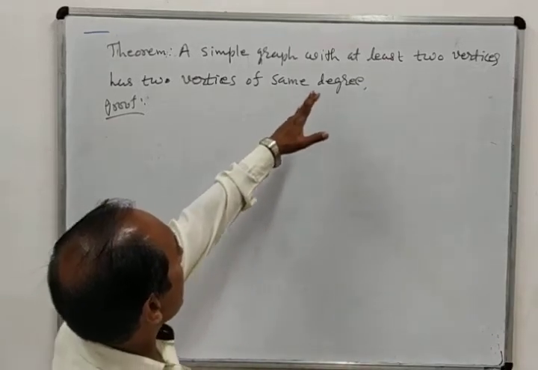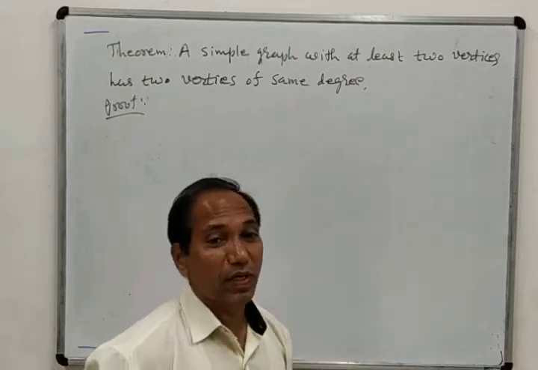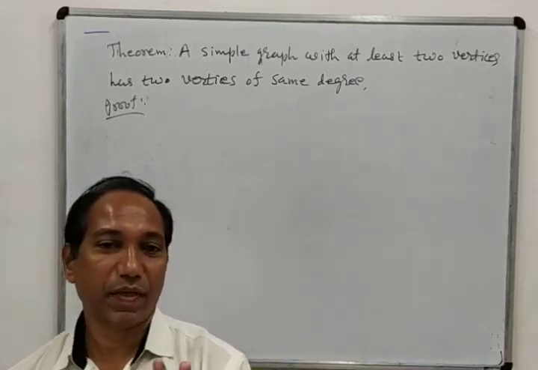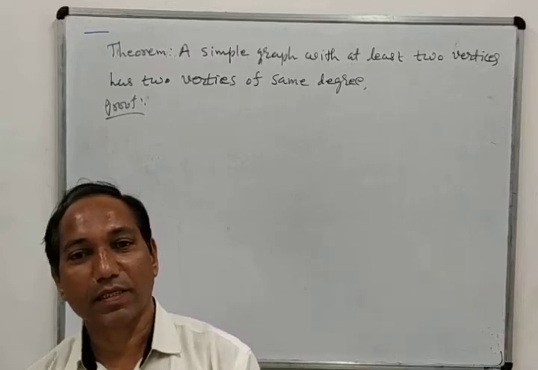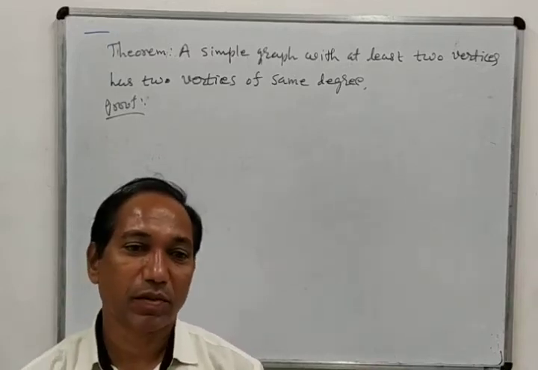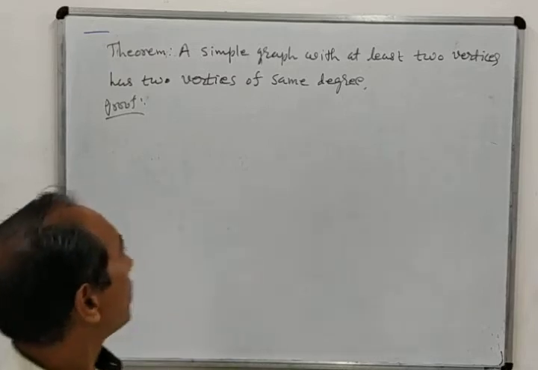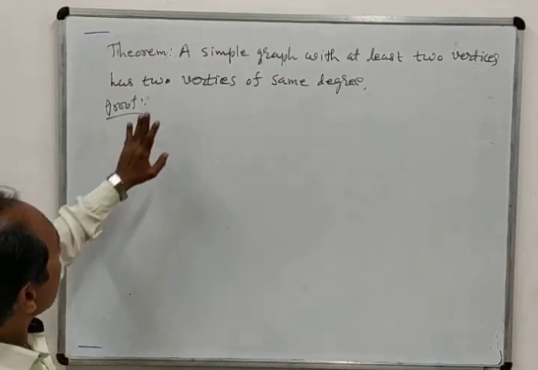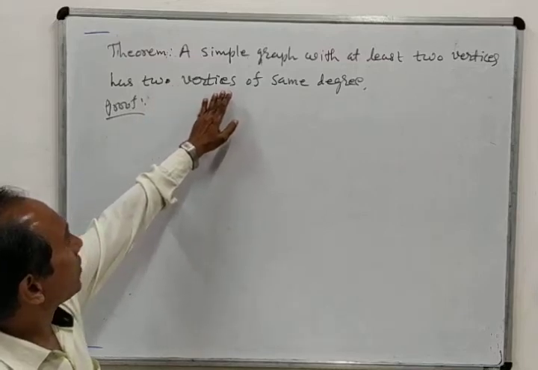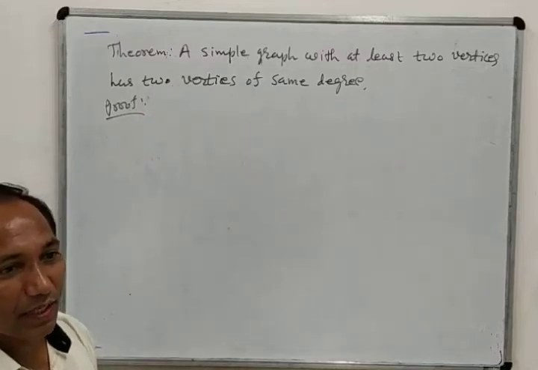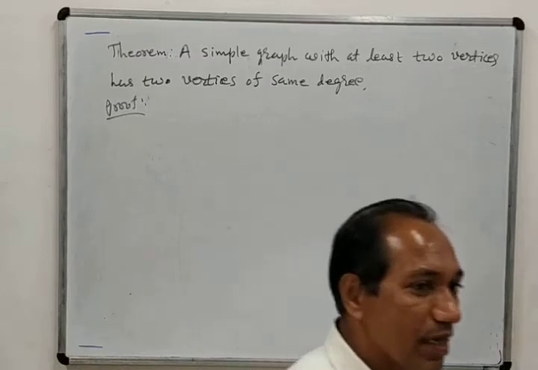It is also given that it has at least two vertices. That means we will consider this graph with two or more vertices. In such a graph we want to prove that there exist at least two vertices of the same degree.